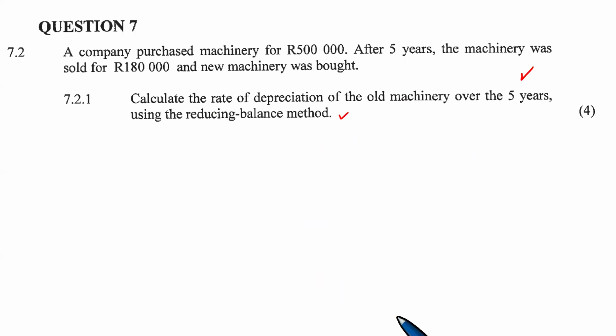What formula do we use for the reducing balance method? Tando. What do you mean by the reducing balance method? What formula is that? If they say reducing balance method, what formula do we use here?